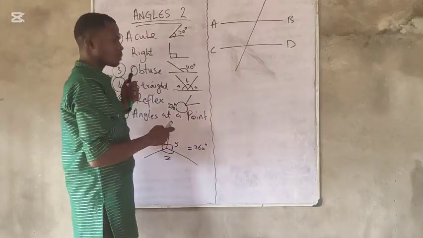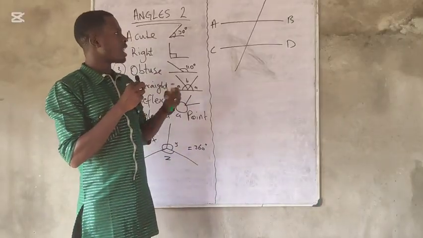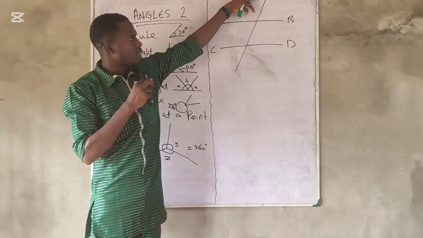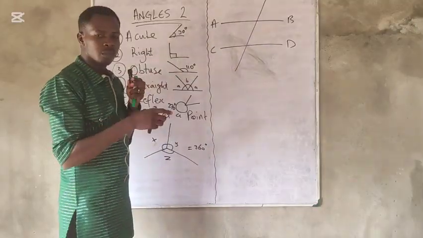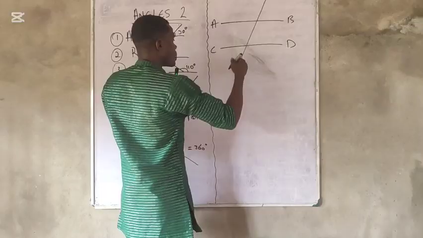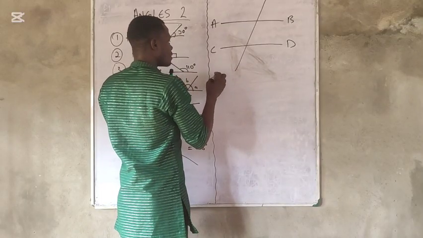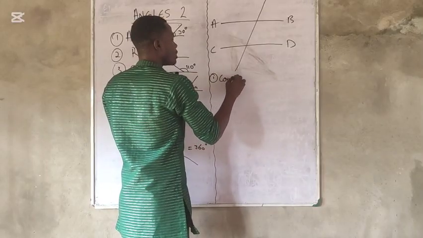Now, there are some angles that are formed when a transversal cuts across two parallel lines. This is very, very important for your exams, so pay close attention. One of them is the one we call corresponding angles.